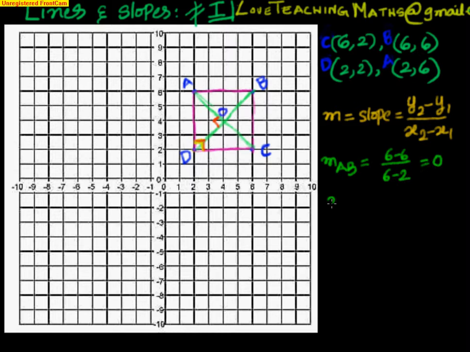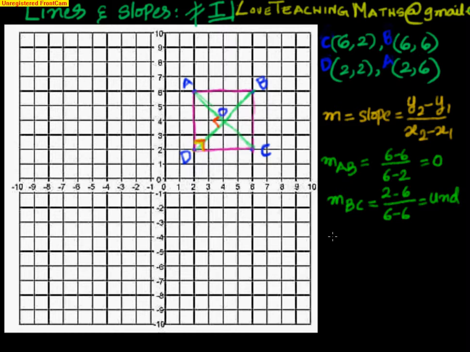Slope of BC, m of BC, is y coordinate of C and B, 2 minus 6, and the x coordinates for B and C are both 6. So this is undefined.